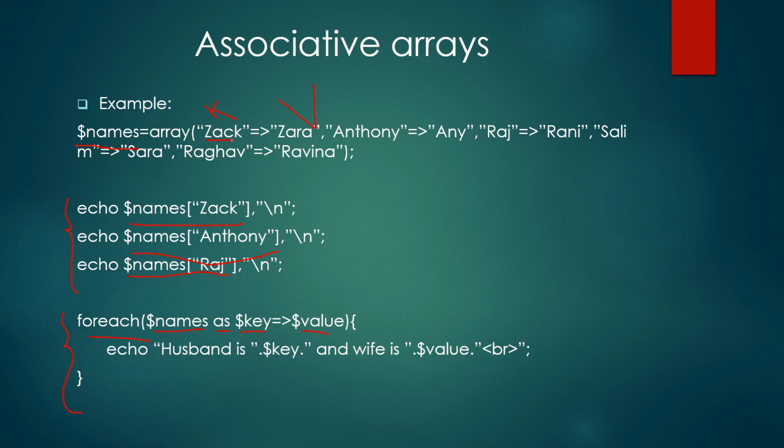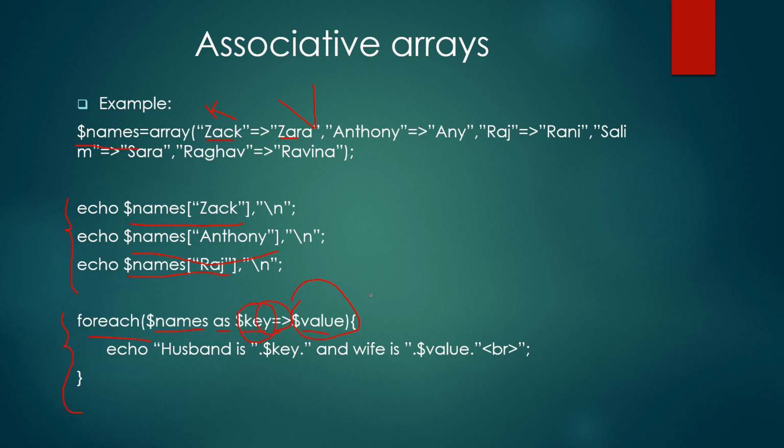So dollar key means the key will be stored in this variable, and the values will be stored inside this variable. And you have to give this denotation as well, only then this would work. Otherwise they would not be stored properly, and you won't be able to access the key and the values. So you have to use this denotation.